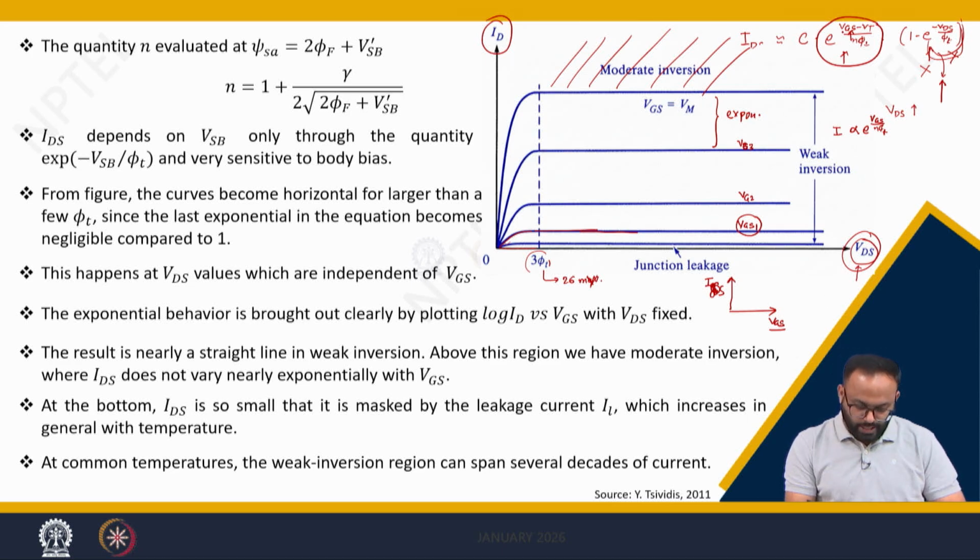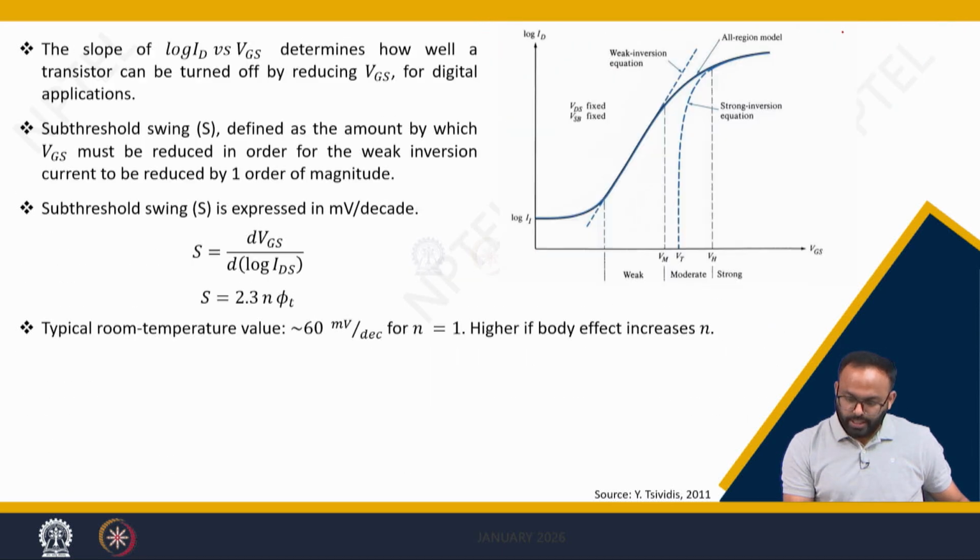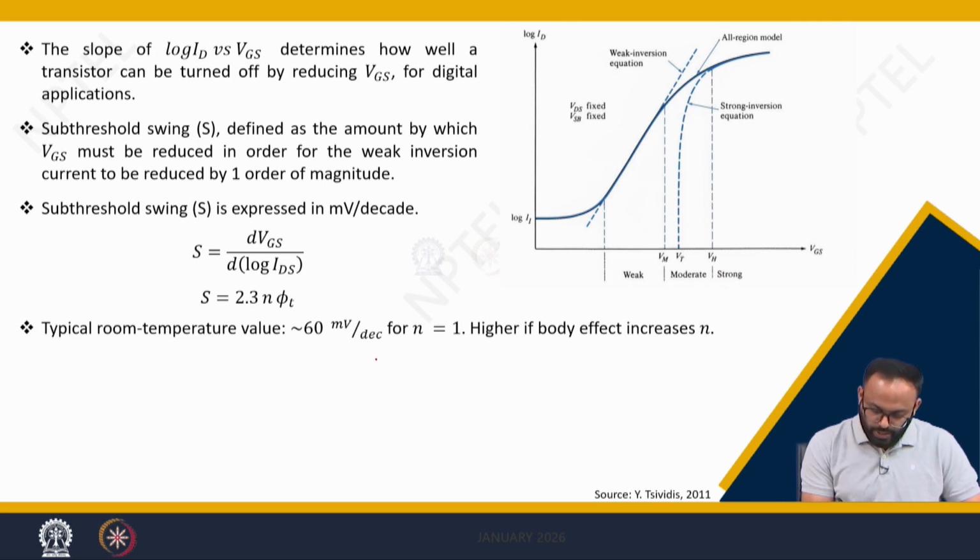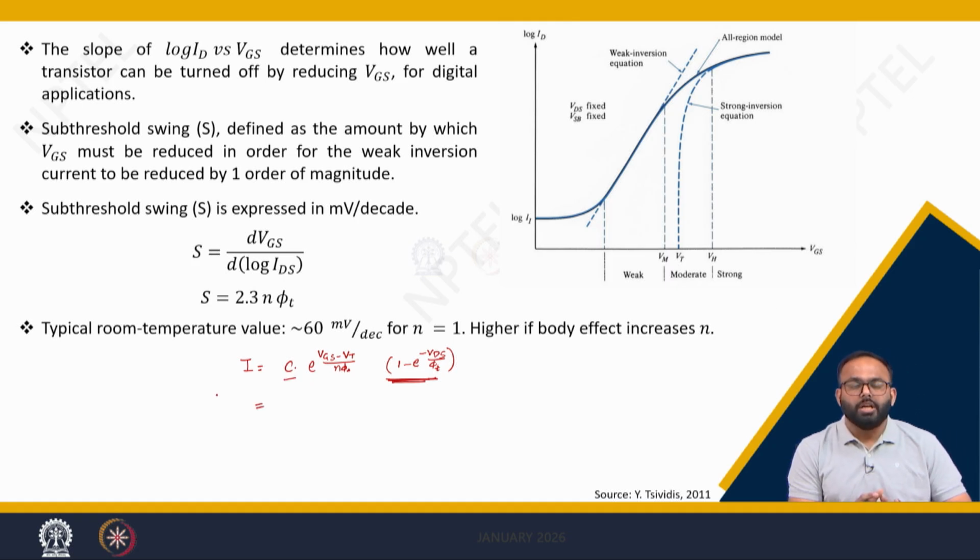So let us plot that graph also in log scale. Again I am rewriting that equation as I is equal to some constant into e to the power of VGS minus VT divided by n times of phi t into 1 minus e to the power of minus VDS divided by phi t. For the sake of simplicity, again I am capturing this term in C, because I need to calculate the relation of IDS versus VGS.